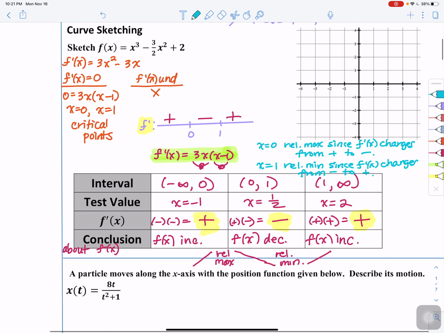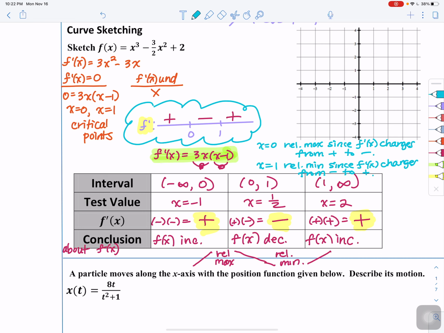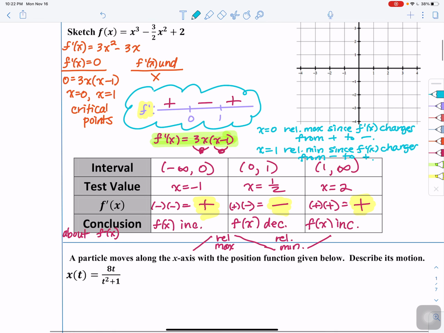Again, even though our sign chart showed us all that, a sentence is required. Okay? So, let's get a little bit more difficult.